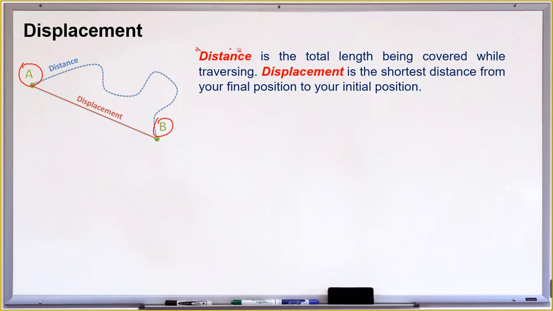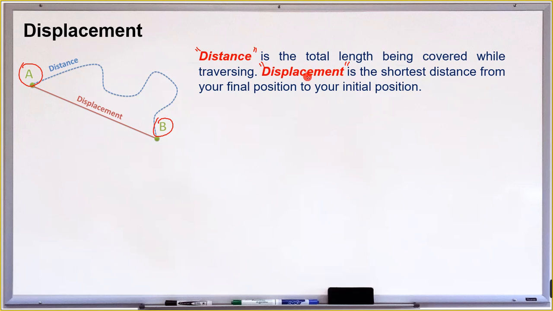When we say distance, this is the total length covered while traversing, indicated by the blue hidden lines. When we say displacement, this is very important in dynamics. Displacement is different from distance because displacement is a vector quantity while distance is just a scalar quantity.